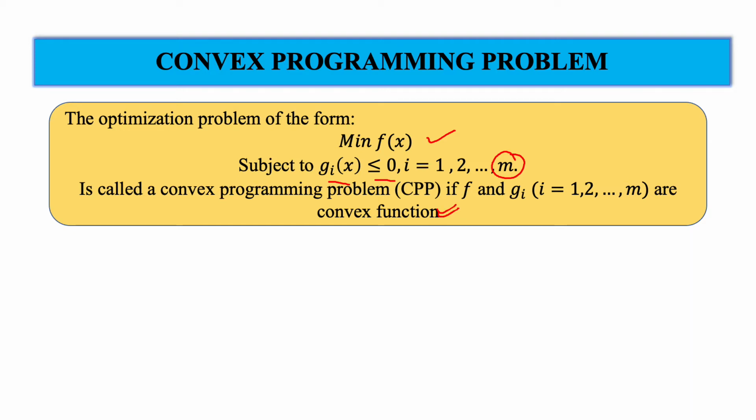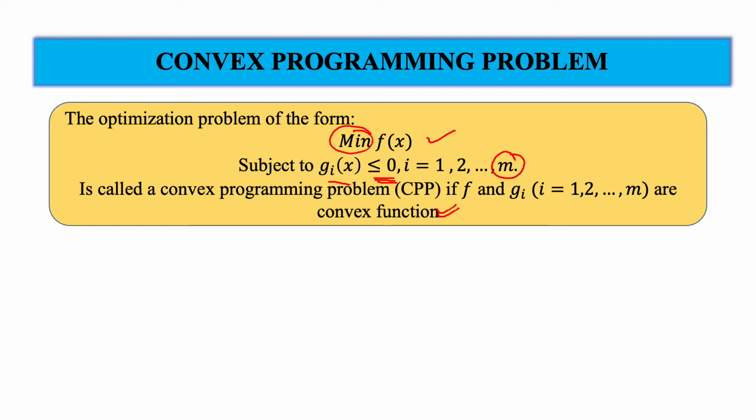So our problem, which is of minimization type with all the constraints of less than or equal to type, is called a convex programming problem if the objective function and all the constraints are convex. Such problems are called convex programming problems.